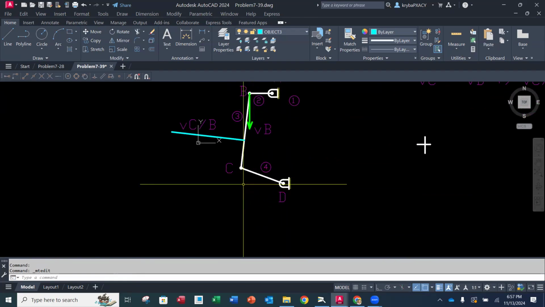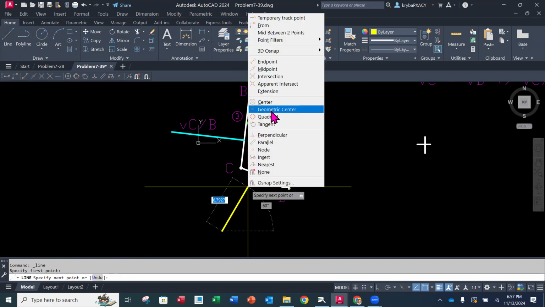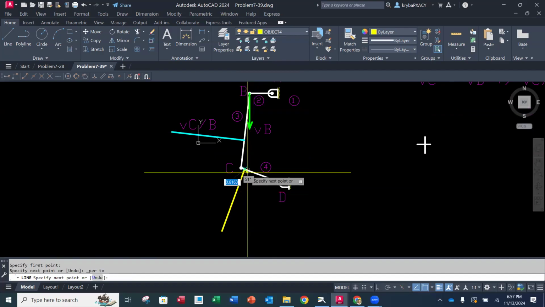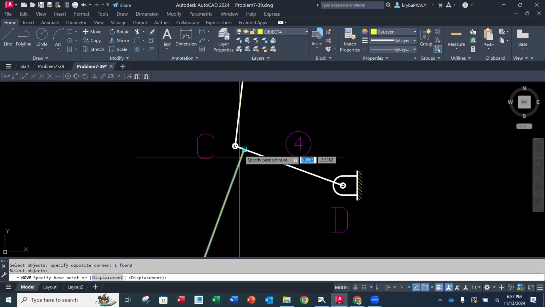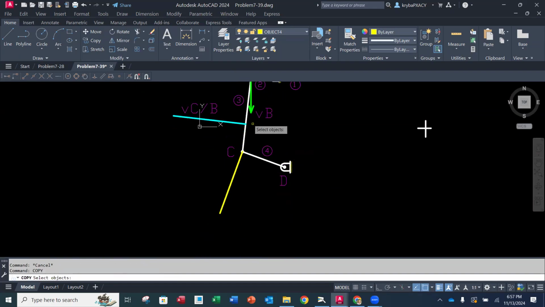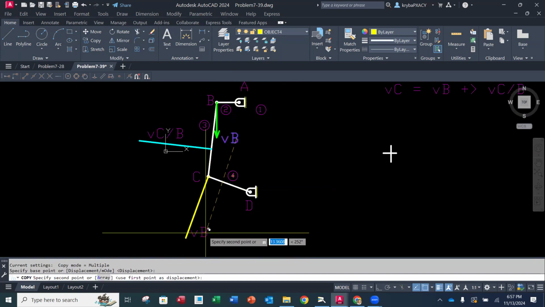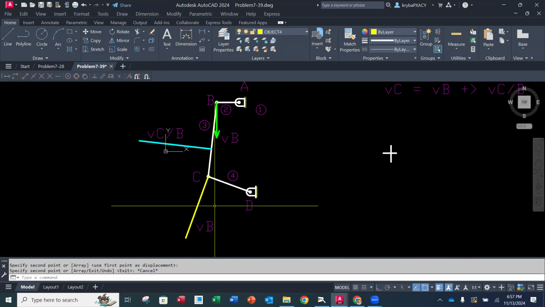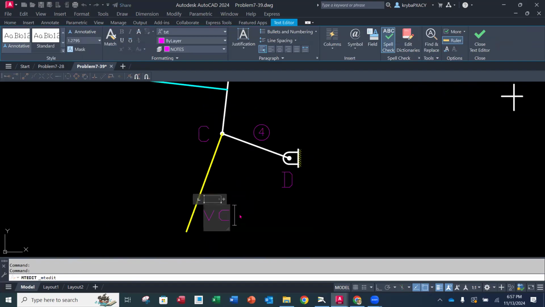And then my last line of action is going to be the velocity of C. Change that, align, and that is going to be perpendicular to link number 4, and I'm going to move it over here, endpoint there. And then this is going to be the velocity of C. Now, I don't know if it's pointing in that direction, so I'm not going to put an arrowhead on this. This is just line of action.